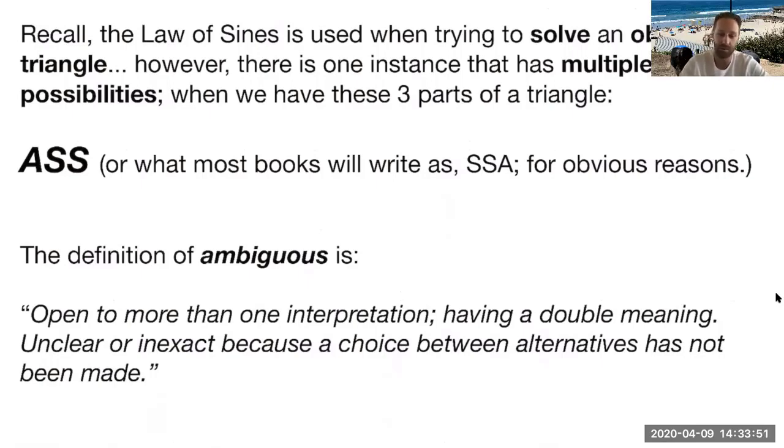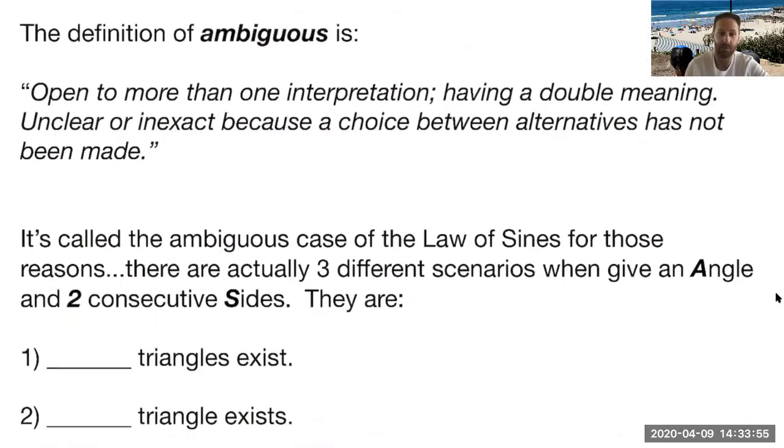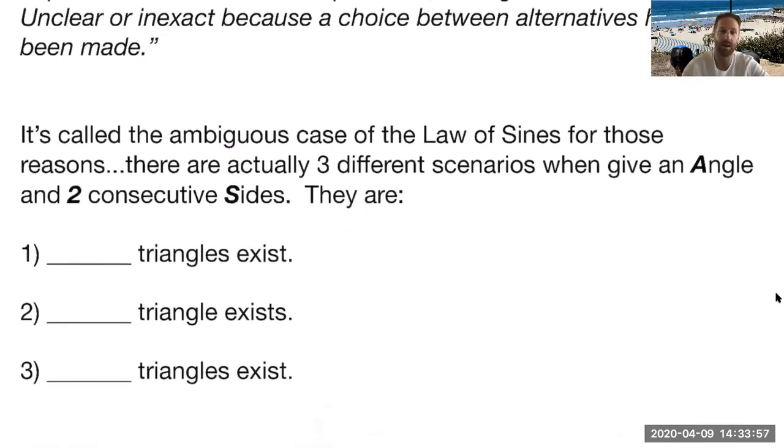Okay. So, when dealing with this, there are three different cases that could arise given the angle and two consecutive sides. And you can probably guess what cases those are, but just in case, I'm going to let you know. Every once in a while, they're going to try to fool you right from the start. They're going to give you an angle and two sides to where you couldn't even form a triangle, meaning that there are zero triangles that can actually exist.